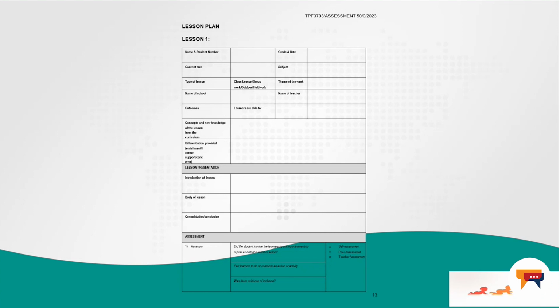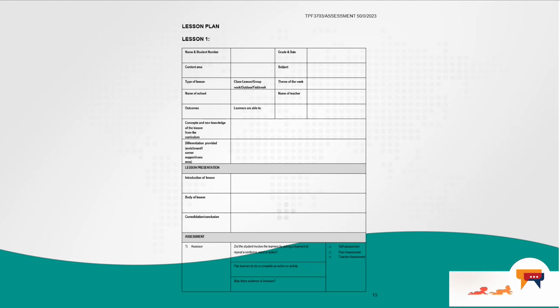So your introduction should basically be prior knowledge. Don't write and say prior knowledge, please. You should say what the prior knowledge is. It could be in a form of a song, and not any song, a song which relates to the content of the lesson. It could be in the form of a recitation, a rhyme, but all should be related to the content of the lesson.